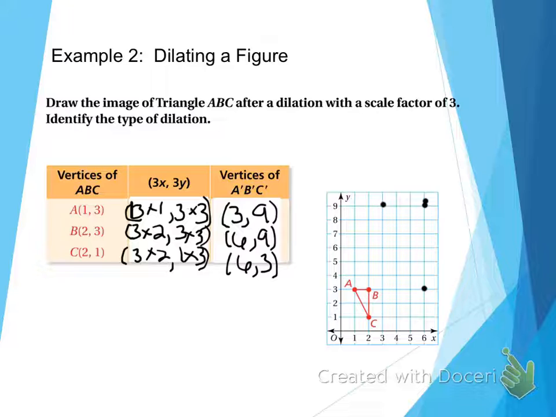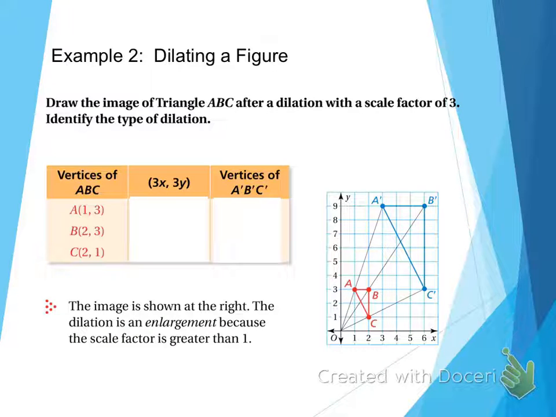So when I connect these points here, I am going to end up with a dilated figure of 3 here. Remember, this is A prime, B prime, and C prime. And see how the vertices all come back and the image is an enlargement because the scale factor is greater than 1.